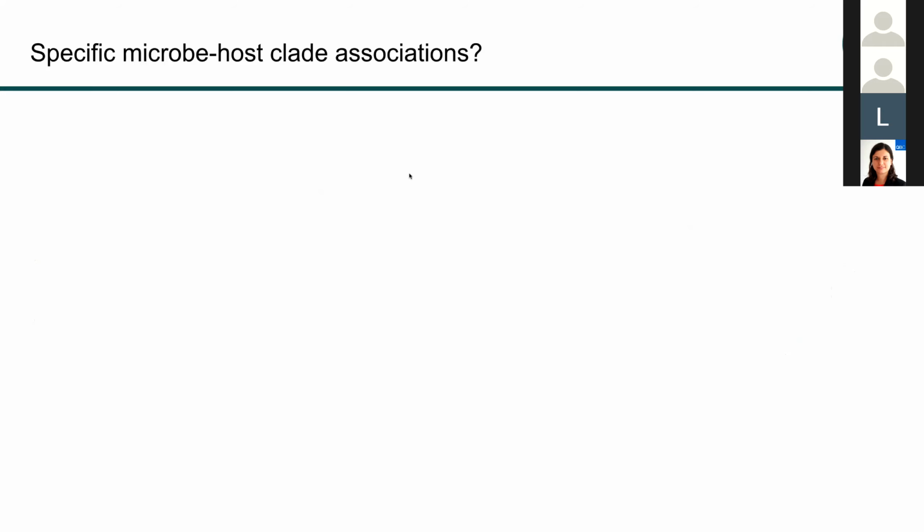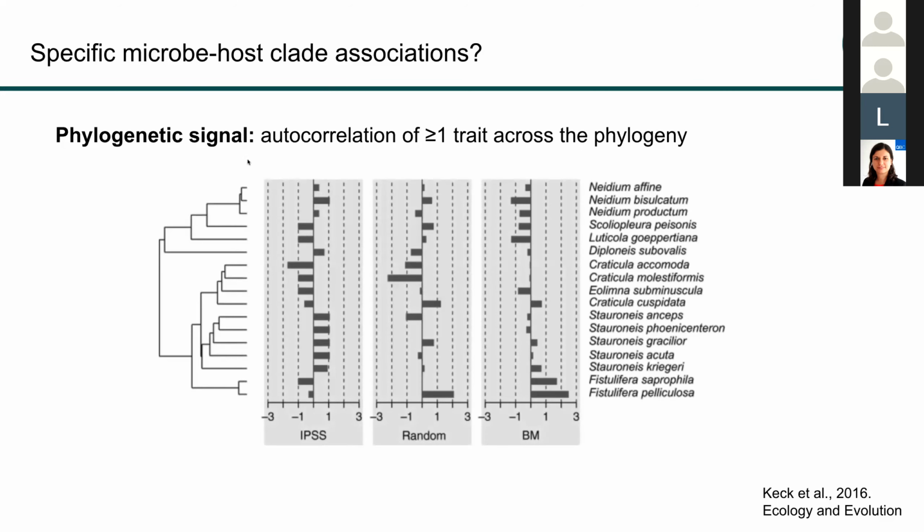So we could go even further than this, especially given the large data set that we had, and look for specific microbe-host clade associations. To do this, I used a method of phylogenetic signal, which basically means just clustering of a trait on a phylogeny. That's represented in this example here, where you have a particular host trait, sensitivity to pollution in this case.